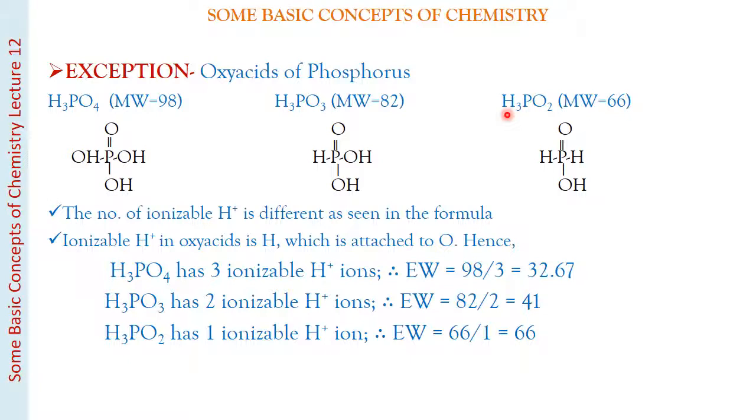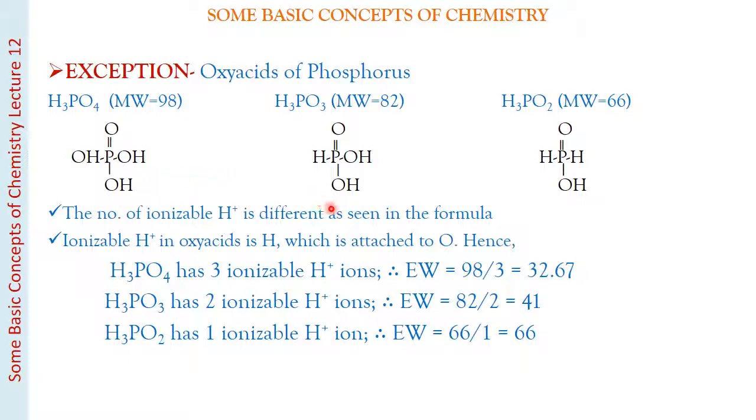But that is not the case. The number of ionizable H ions is different from what is seen in the formula. Why? Because the ionizable H ions in oxyacids are those hydrogens which are attached to the oxygen. And now if you see the structure of H3PO4, you have 3 hydrogens attached to oxygen. So the number of ionizable H ions is 3.